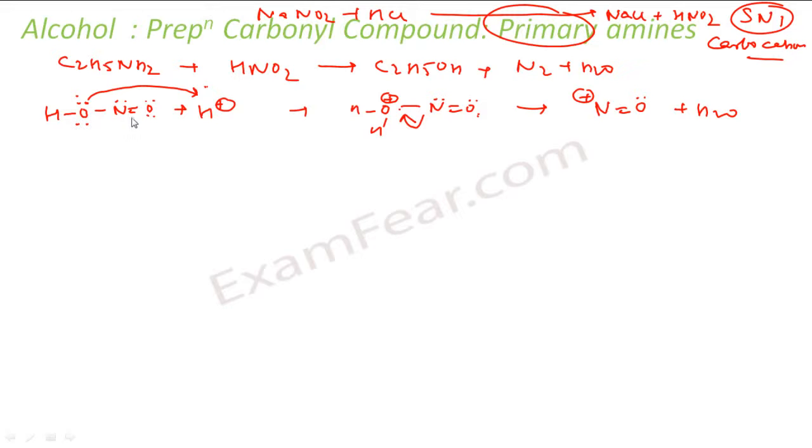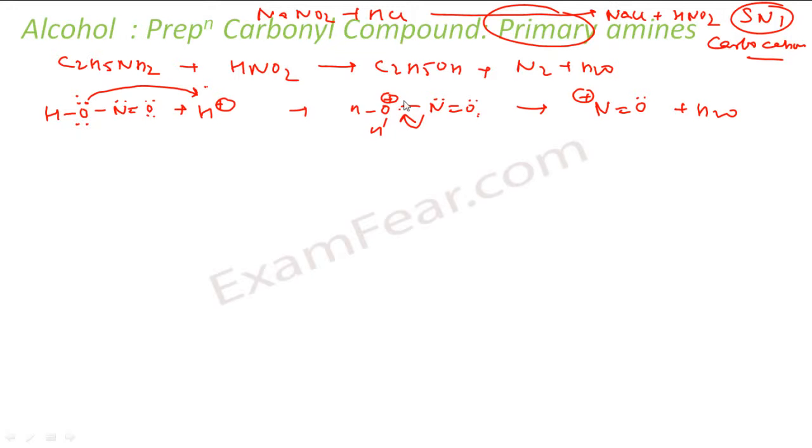See, HNO2, HONO I had. H plus was reacted with this. Oxygen had the lone pair. Oxygen gave its lone pair to hydrogen. Oxygen derived a positive charge. Hydrogen gets a negative charge. It already had positive, negative combined. Hydrogen neutral, oxygen gets a positive charge here.